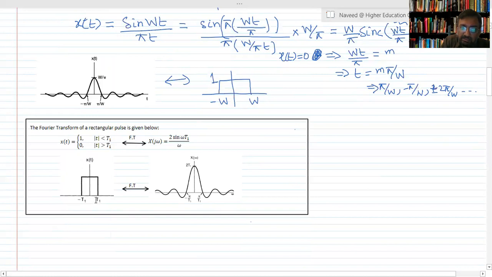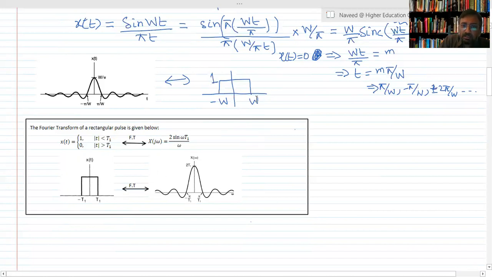So in the limit when T1 approaches 0 such that the area is kept at 1, we get an impulse in time domain. And when T1 approaches 0, pi over T1 becomes infinity, which means that the Fourier transform approaches a constant value. This is what we saw when we computed the Fourier transform of a unit impulse in time.